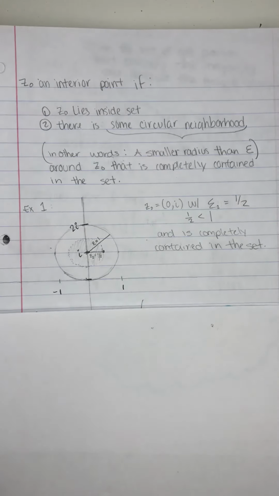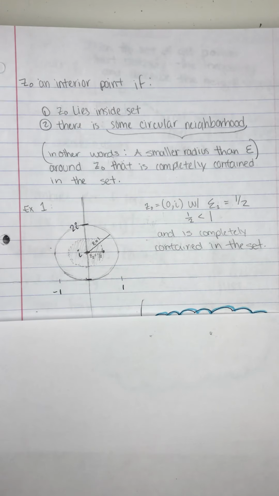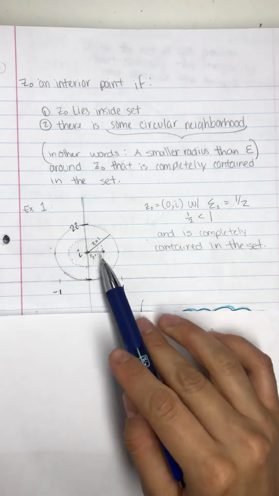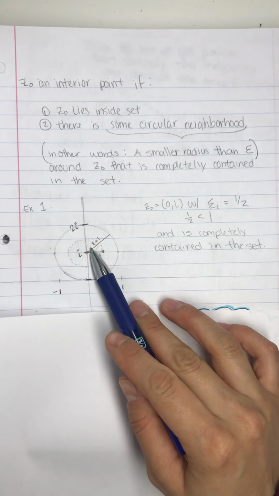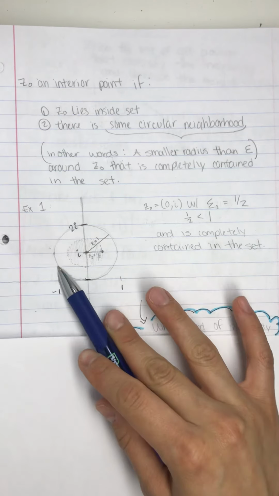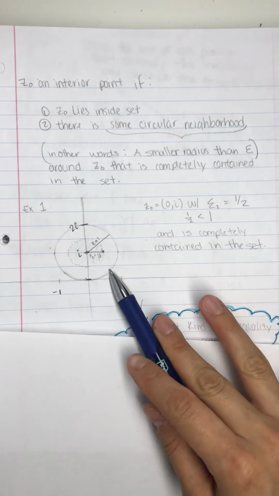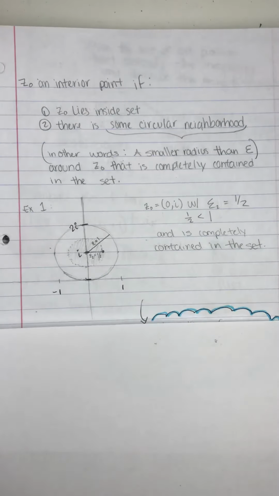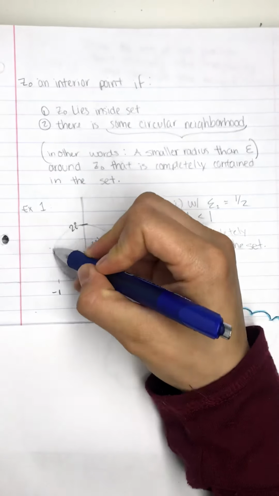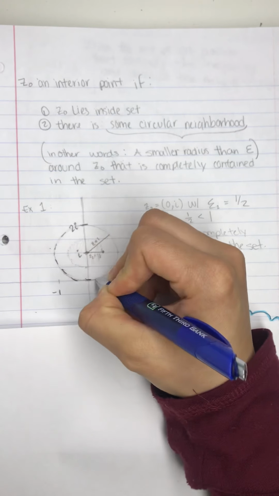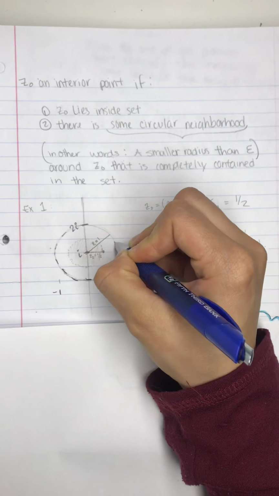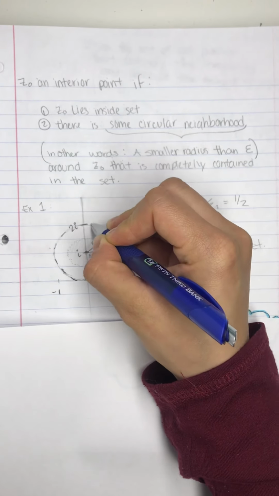So we know that our center is 0i with epsilon, or E, neighborhood of 1. So it contains all of the points inside this circle. And again, let's not forget to make this dashed or dotted.